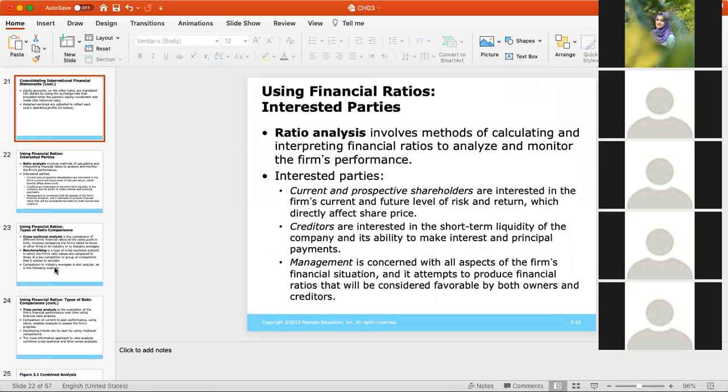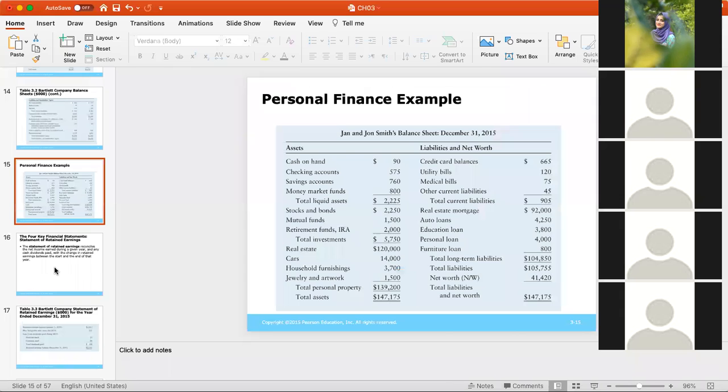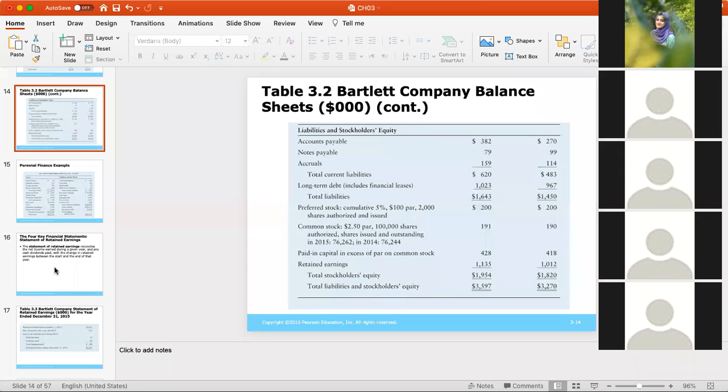So let me now go back to some financial statements. This is a balance sheet for Paltel company, for a specific year.